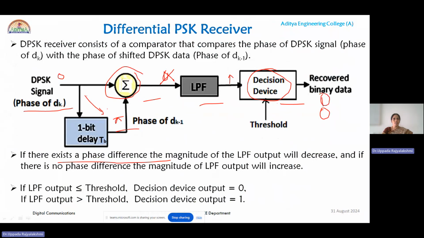For example, if you have the same phase, like 0 and 0 or pi and pi, then the output of the low pass filter will decrease. Once it decreases, the output is compared with the threshold, so the required data bit will be 0.